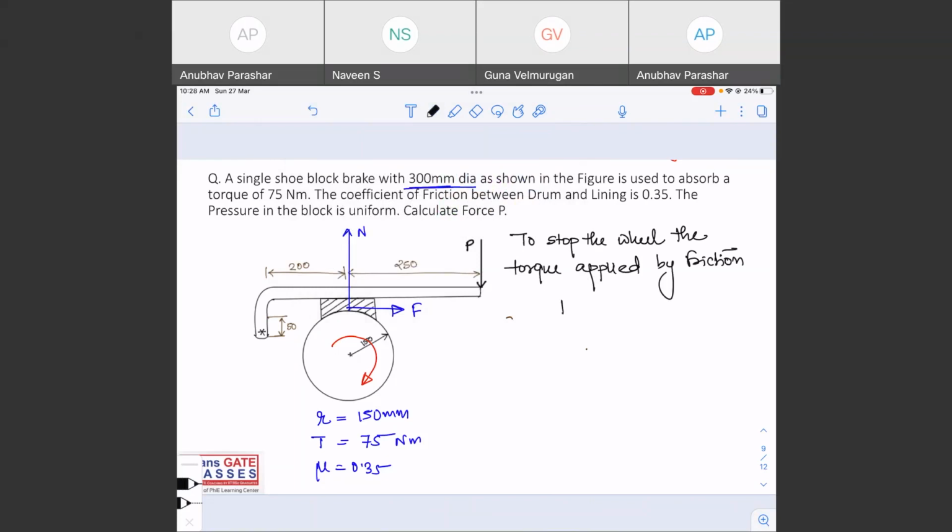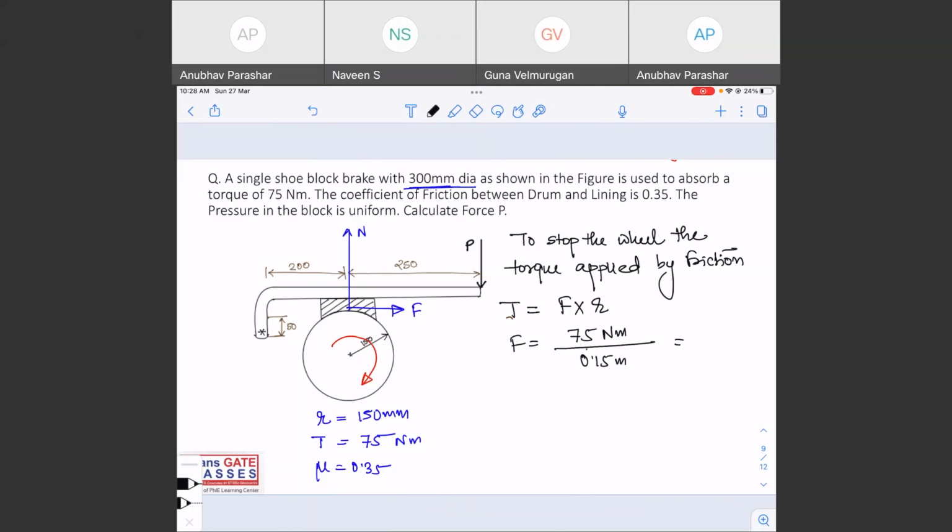Can I say it is friction multiplied by the radius? Torque is equal to frictional force multiplied by the radius, right? So you can calculate the friction force here because the torque is given and radius is given, that is 75 Newton meter divided by 0.15 meter. So how much is it coming out to be?